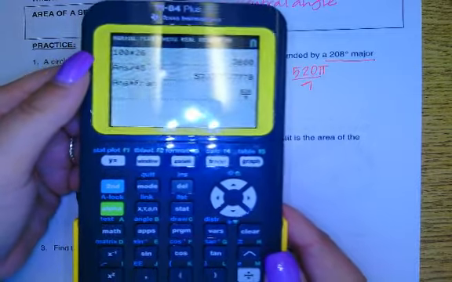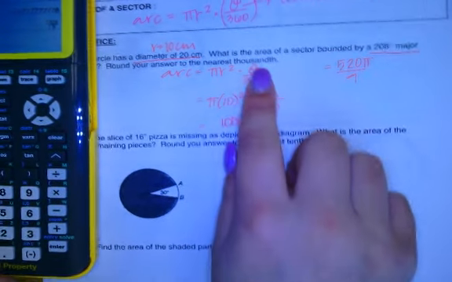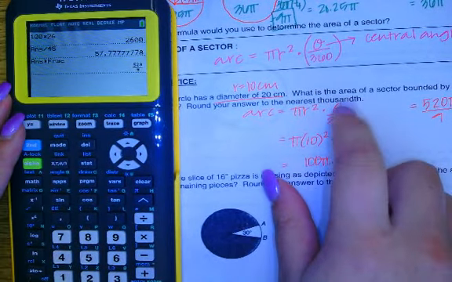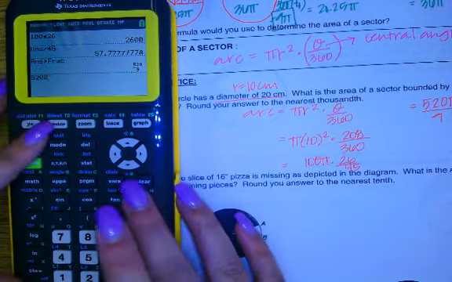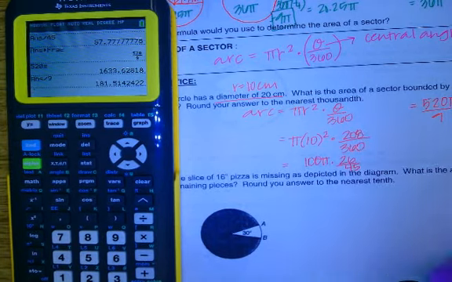Okay, so you have 520 pi over 9, but this time it says to round your answer to the nearest thousandth. Okay, so now you actually need to figure out the decimal value. So 520 pi, divide that by 9, and rounded to the nearest thousandth.